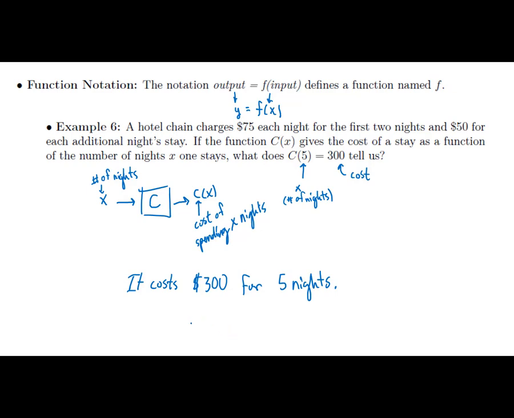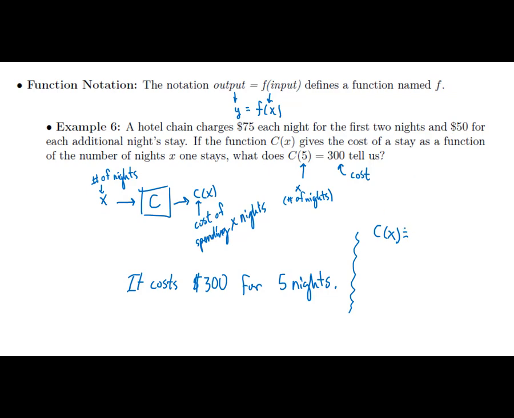All right. Now, we could have set up an equation for this, and of course we'll spend a lot of time working with equations. It wasn't necessary here because they gave us the answer, but I think it's satisfying to quickly look back at the information they gave. It said that the chain charges $75 each night for the first 2 nights and $50 for each additional night stay.